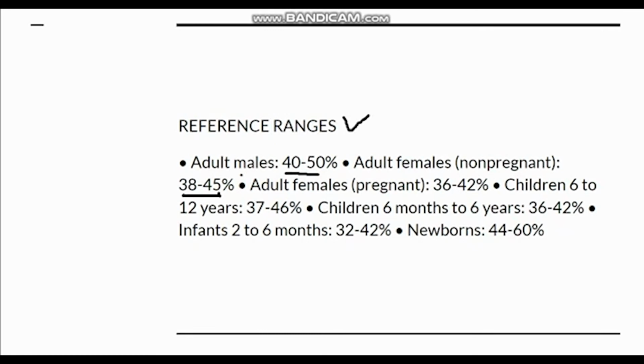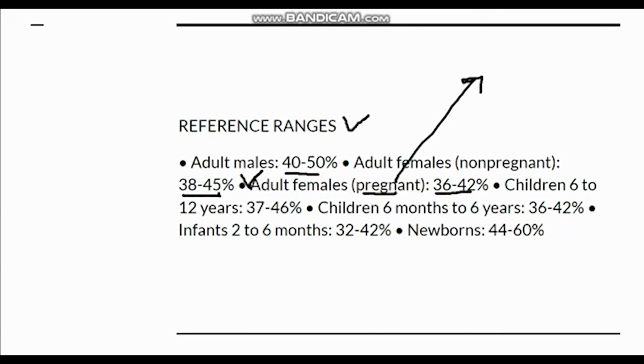But if the female is pregnant, the PCV will be lower, 36 to 42%. This is very important, because when adult females get pregnant, the plasma increases more than the RBC count. So the PCV is slightly decreased.